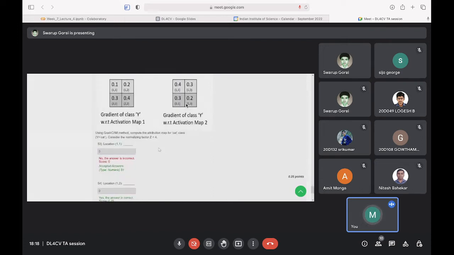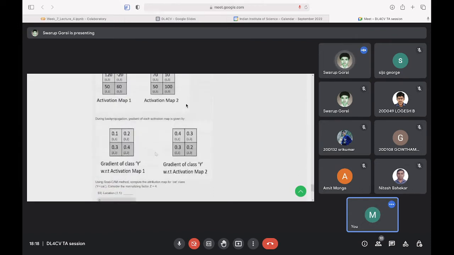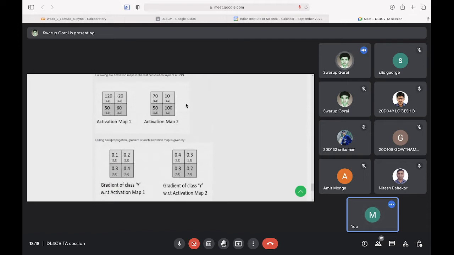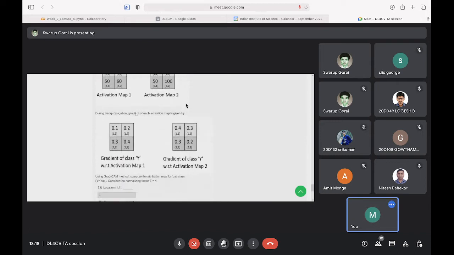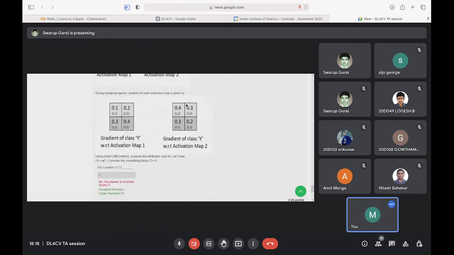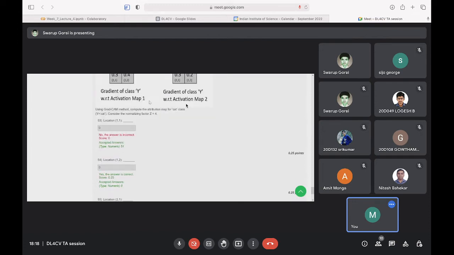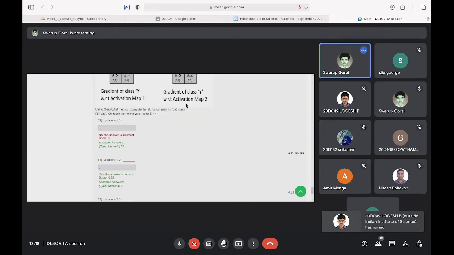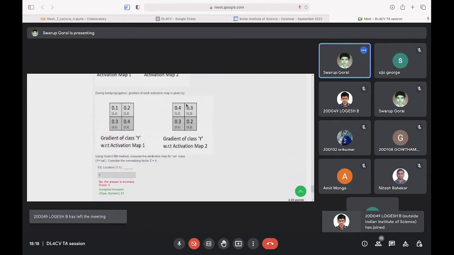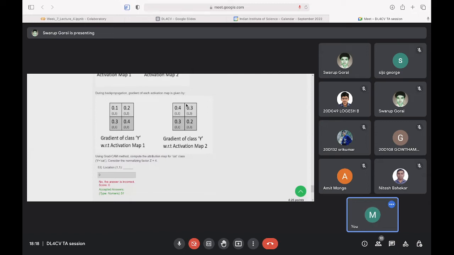Wait, can you go up? Is there anything more above this? Cat, y equal to cat.